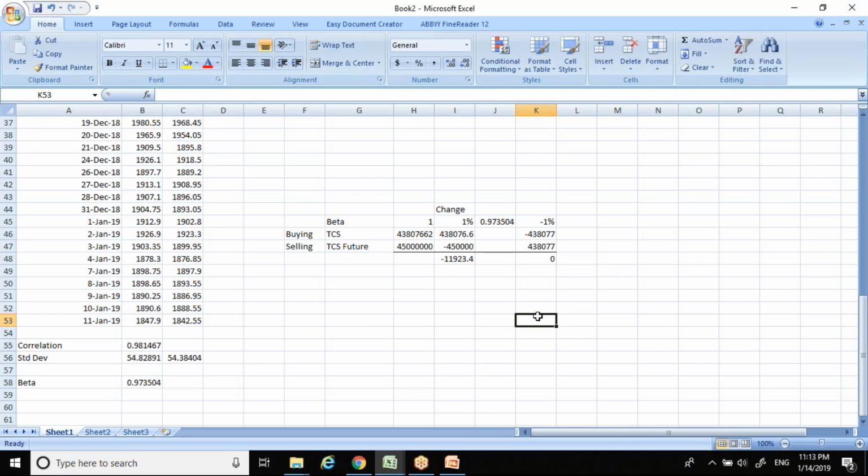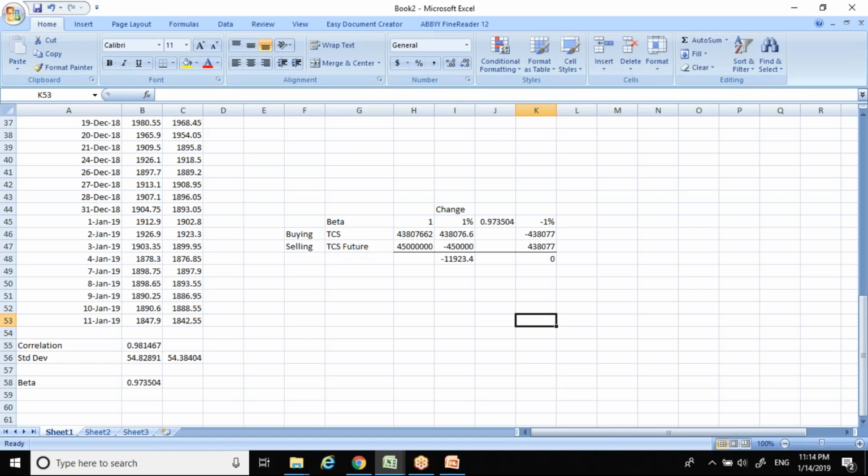Now the same concept of hedge ratio is applied with index hedging. There are shares which may not have a futures contract traded on the exchange. For example, there are around 1900 stocks listed on the National Stock Exchange, but there are approximately 168 futures contracts available.